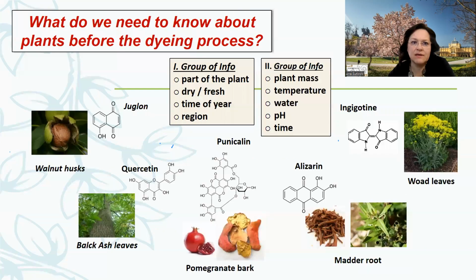Before we start the dyeing process, we need to have two groups of equally important information. The first relates to information about plants, and the second one, information about process parameters. This information is important because in different plants, different chemical compounds are responsible for coloring.